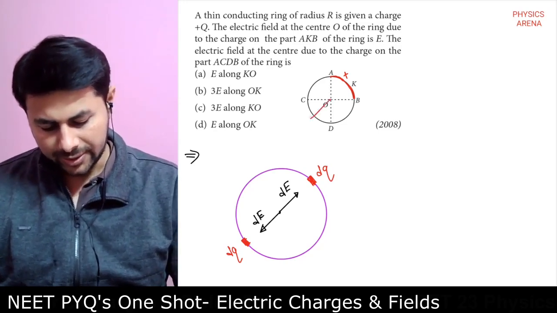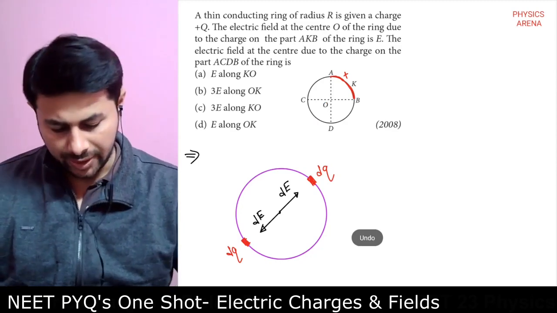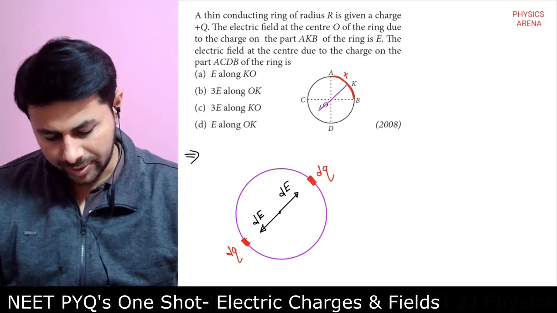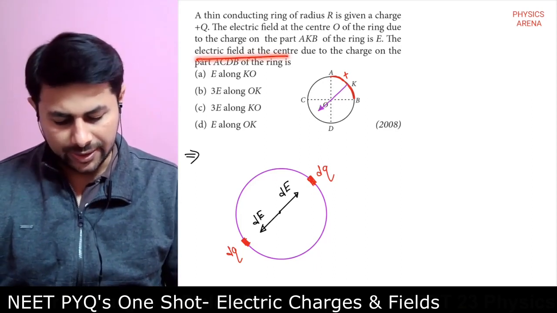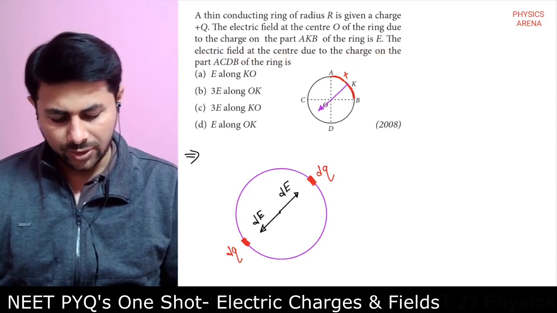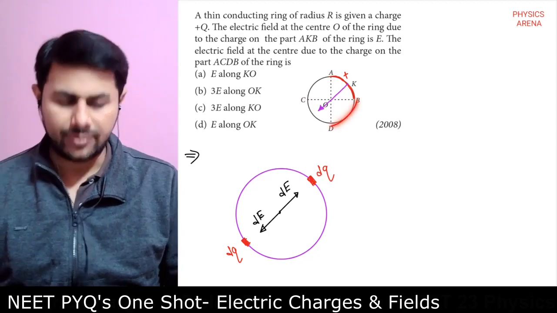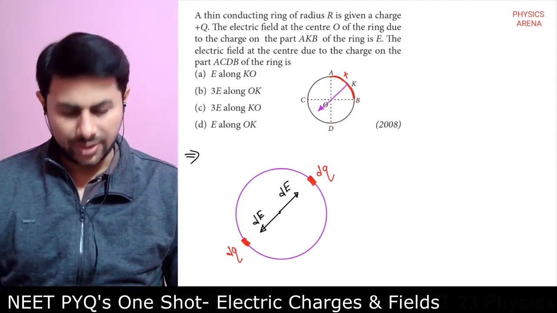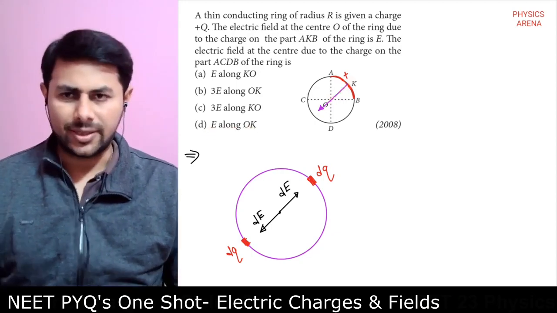It will be directed like this, from this part radially outwards, towards the center. We can say this is the direction of the electric field due to this part. The electric field at the center due to charge on the remaining part ACDB would be... Okay, you answered already, right? E along OK, right? It's correct.